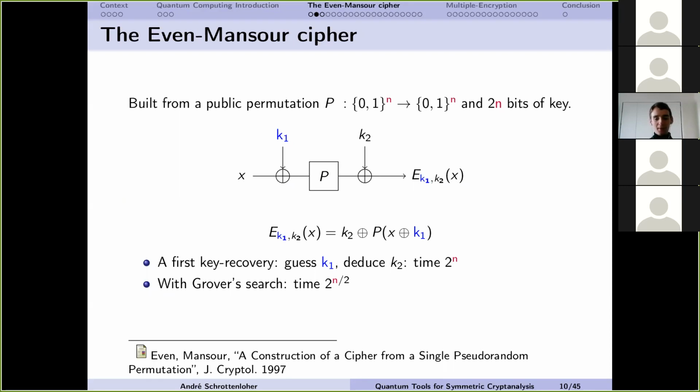It's also very nice because it has a very strong structure, and usually a strong algebraic structure can be helpful for quantum attacks. So we have this public permutation with a public description, and we add 2n bits of key. We XOR one of the keys before, we apply the permutation, and we XOR one of the keys after.